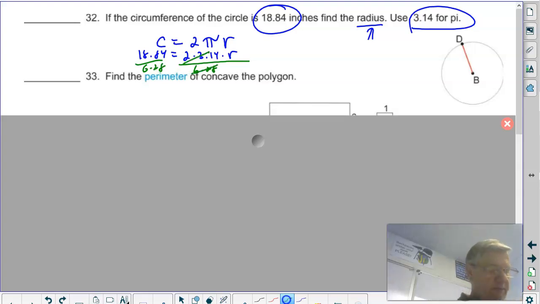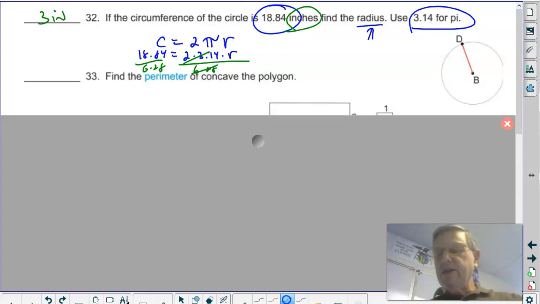So let me punch in 18.84 divided by 6.28, the 2 times 3.14, right? And you get 3. And do I have any units? Inches, right? So 3 inches is the radius. If I ask for diameter, it'd be twice that amount, and it would be 6 inches for the diameter.